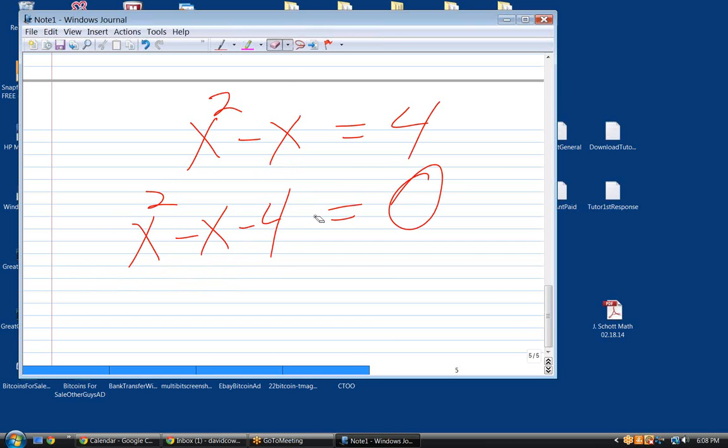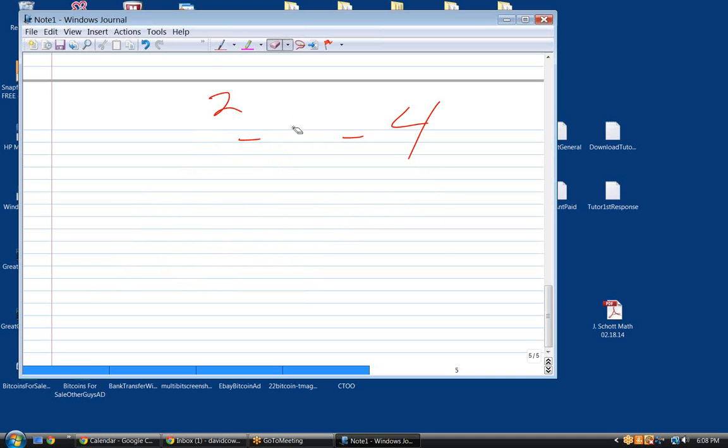We pretty much covered most of the stuff. So let's just go over vertex form and completing the square. This is vertex form.